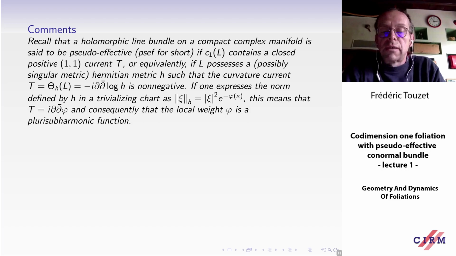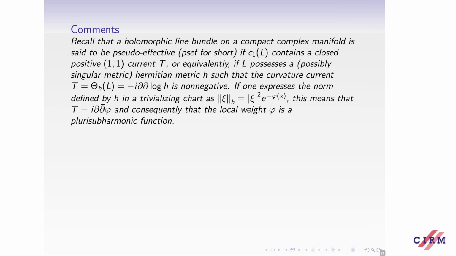Just say that when a bundle is pseudo-effective, its Chern class can be represented by a closed positive (1,1)-current, and this means also that L admits metrics, which can be a priori singular, such that the curvature, which is defined as a current of this metric, is non-negative.